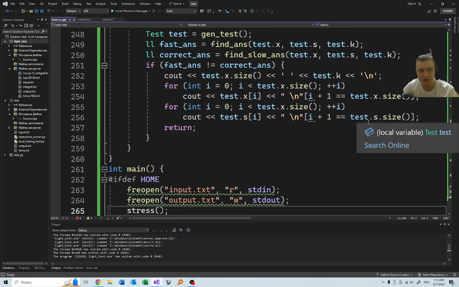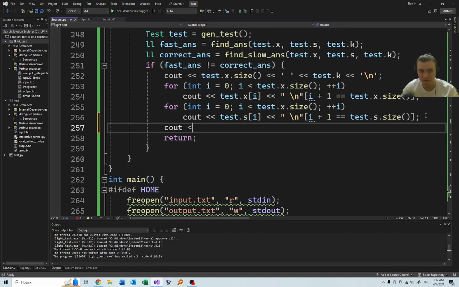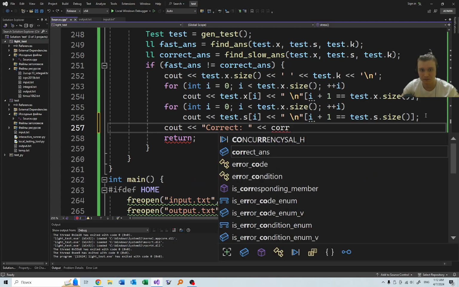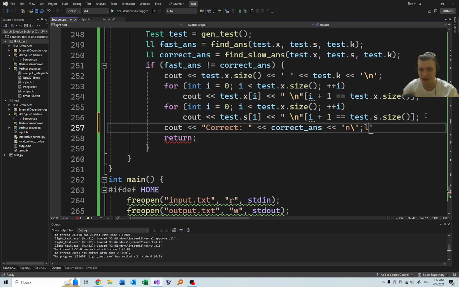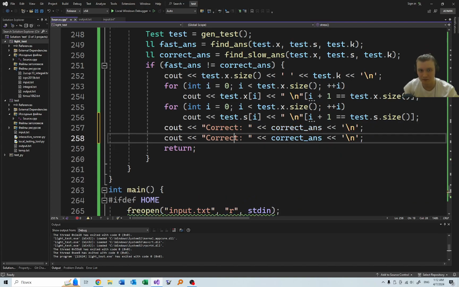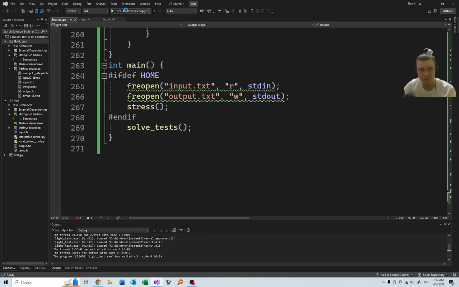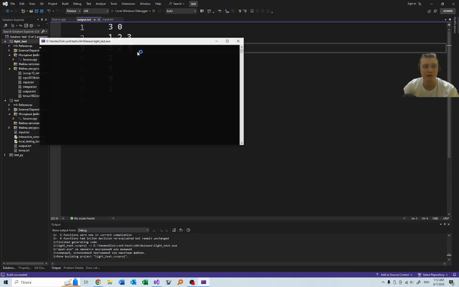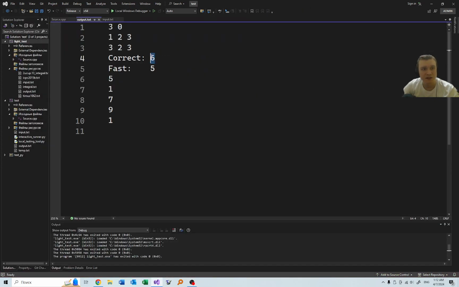Let's look at the correct answer and at the fast answer. So in this test, correct is 6, but the fast is 5. How is correct 6?